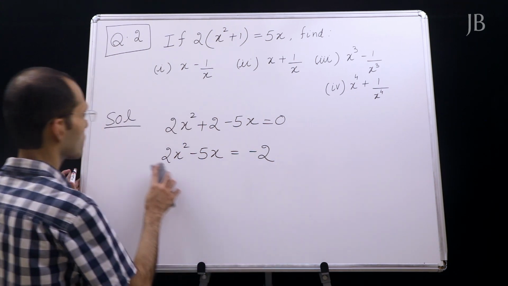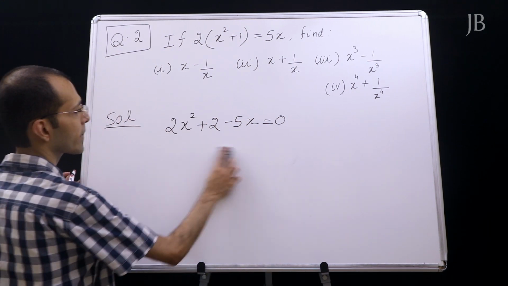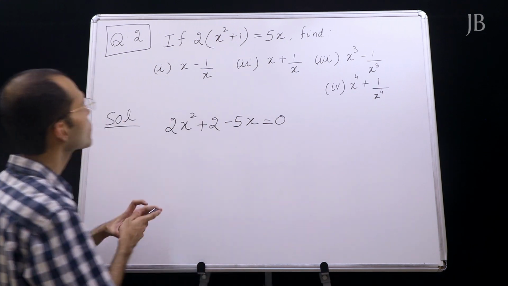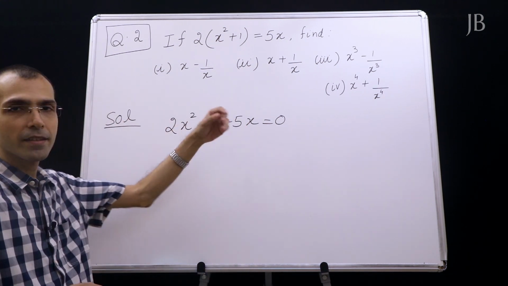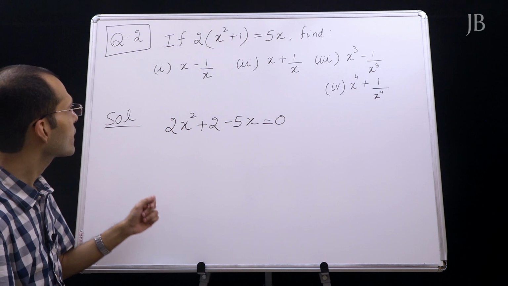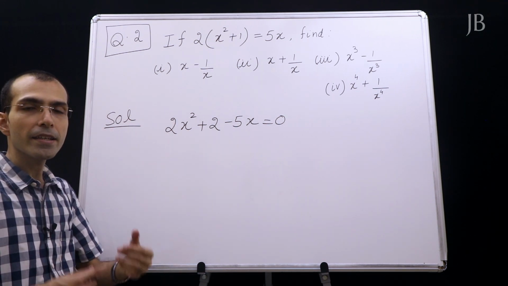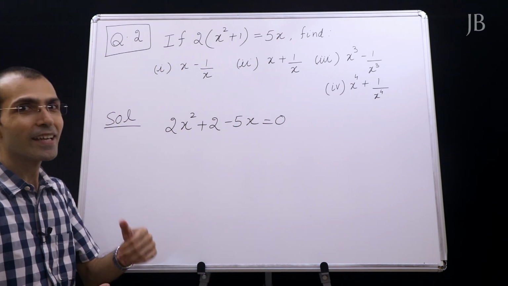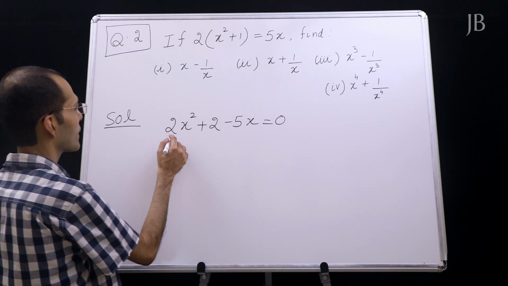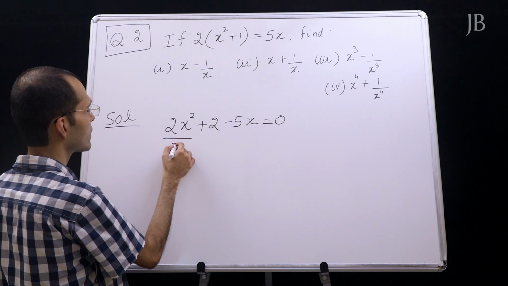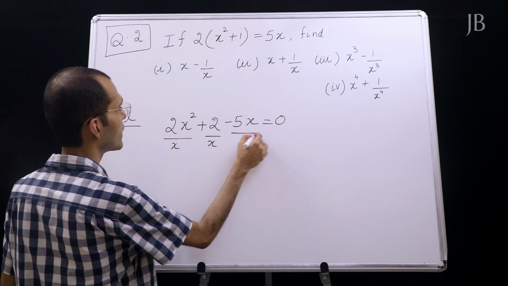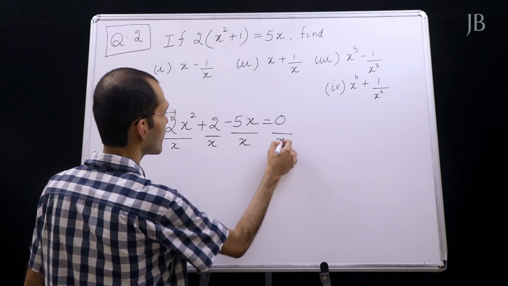So what we will do, let's first open up the brackets, which we have done. 2x square plus 2 minus 5x is 0. Let it remain like that. Now we want x minus 1 upon x. So we divide each and every term by x. Here we divide this term by x, this term by x, this term by x, and this term by x.